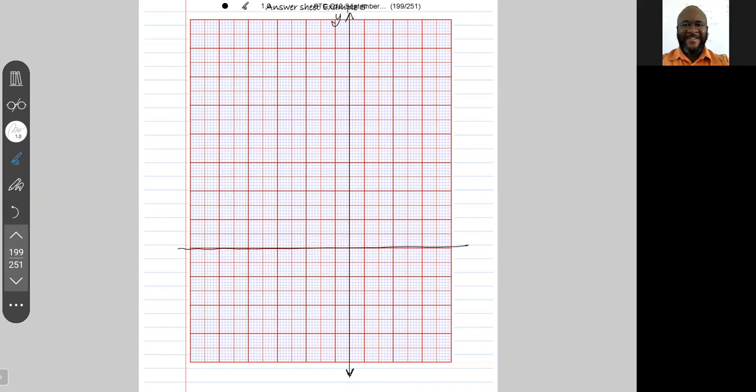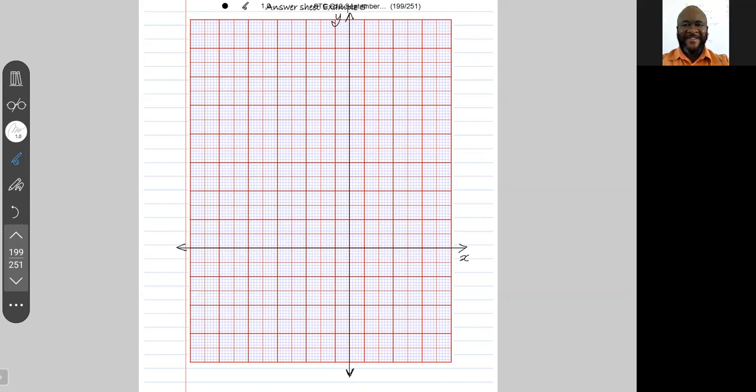It's just an estimate. All right, so this is my x-axis. And as I said, some people put arrows on both sides of their x-axis.